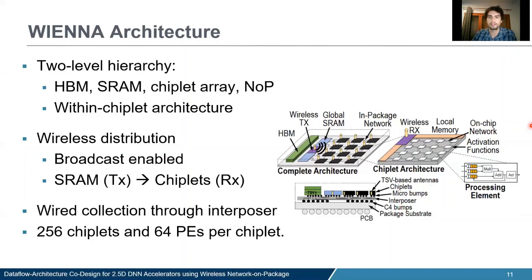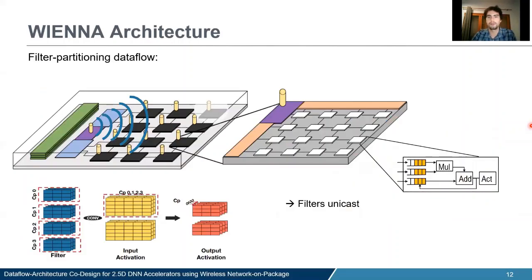And for our baseline architecture, we focus on using 256 chiplets and 64 processing elements per chiplet. So here's an example of a data flow. In this case, the filter partitioning one would be mapped using the Vin architecture. First of all, we would start by unicasting the filters to different chiplets, and internally, depending on the architecture of each chiplet, this will be distributed among the different PEs.